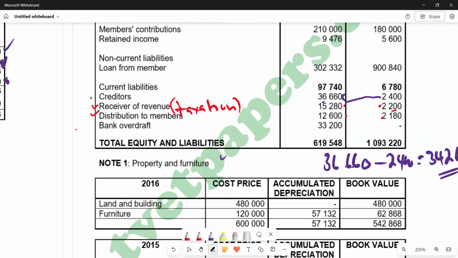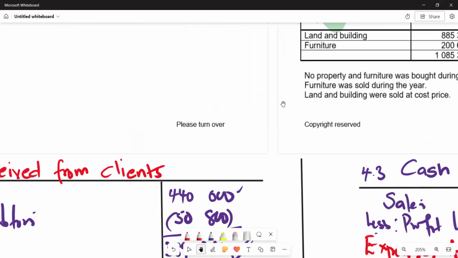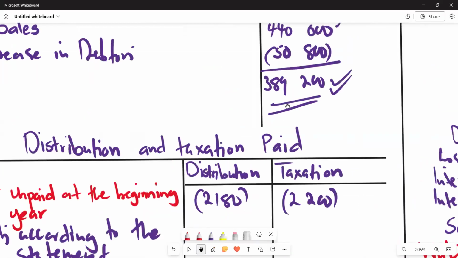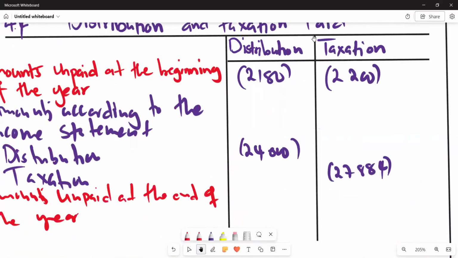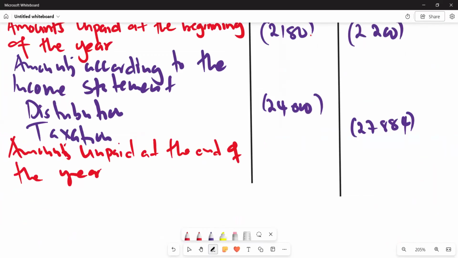At the end, we do the opposite. We are supposed to add them. So for distribution, we put in this column 12,600. Then for taxation, we have got 15,280.